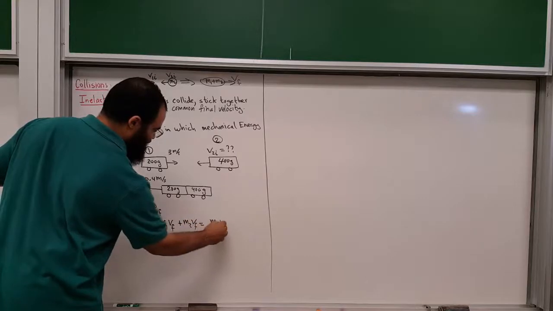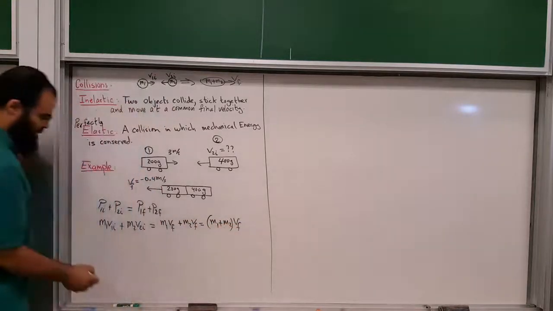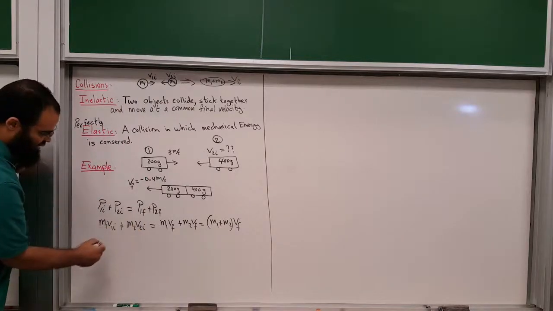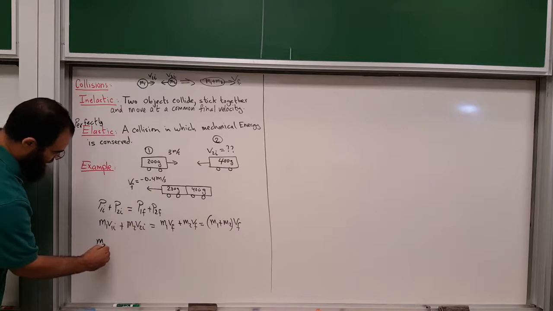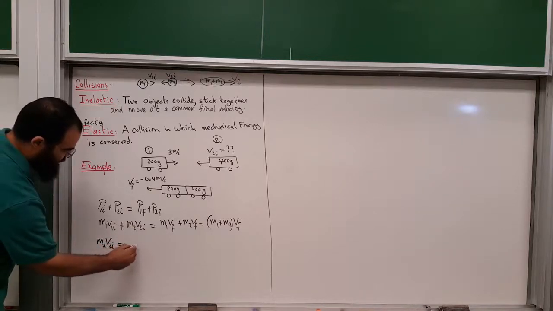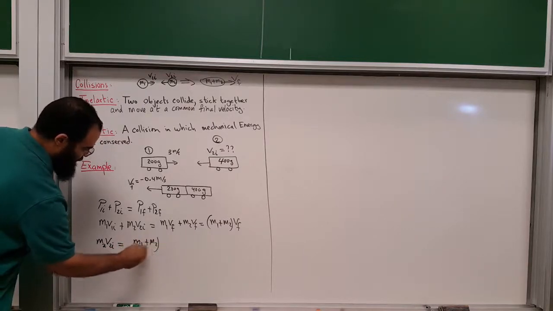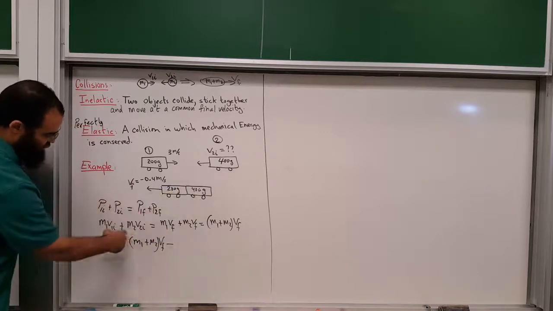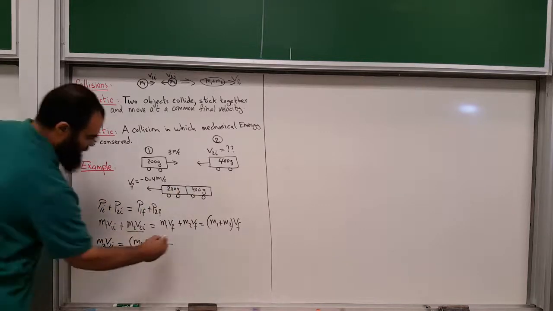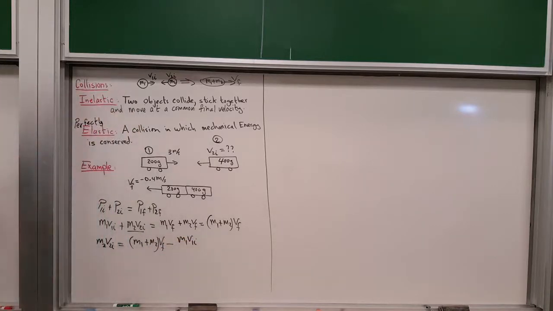You get m1 plus m2 times v final. And I want to find this out, so m2 v2 initial will equal m1 plus m2 times v final minus, I move this to the other side in order to solve for this one, m1 v1 initial.